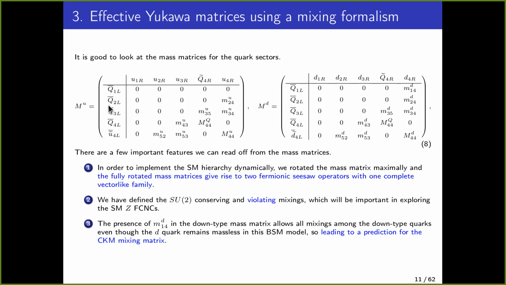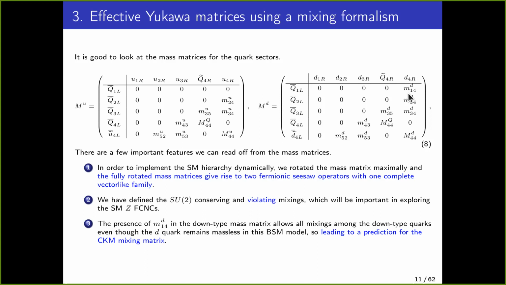In the up sector we have already used the rotation between the Q1L and Q2L fields, so we already fixed the one mixing angle between these two by banishing these terms. But this mixing angle is already fixed in the up sector, so in the down-type sector this term cannot be banished. This term should survive.